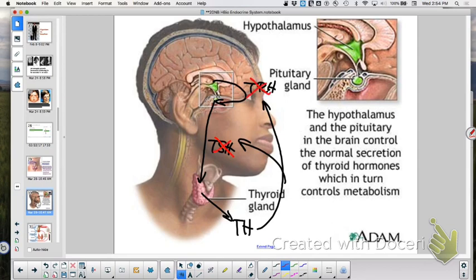Okay? If it shuts those off, then over time, what's going to happen to the level of thyroid hormone? It's going to go down. And if it goes down, then it'll stop shutting those off so that they will be secreted all over again, so that you get more thyroid hormone.